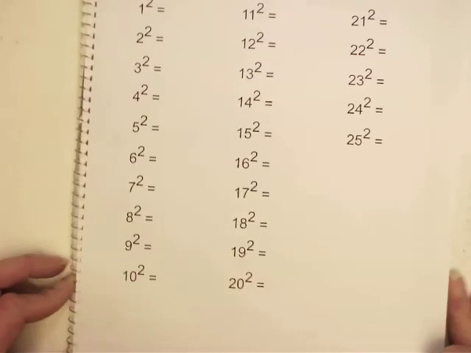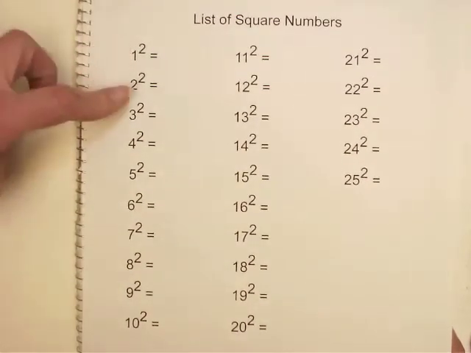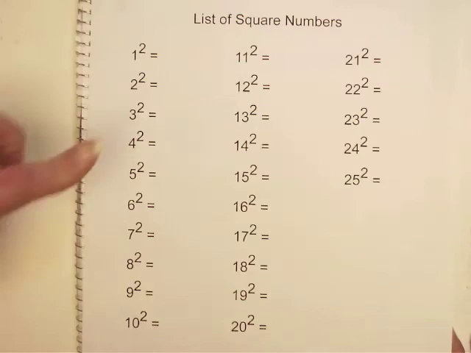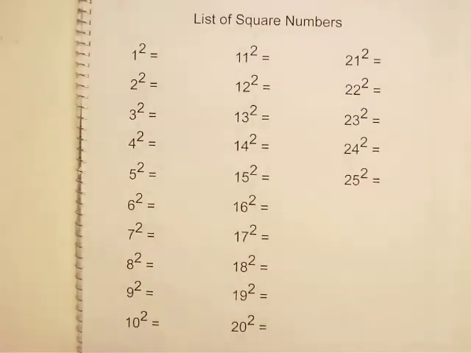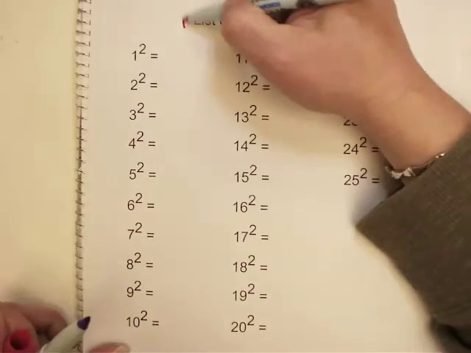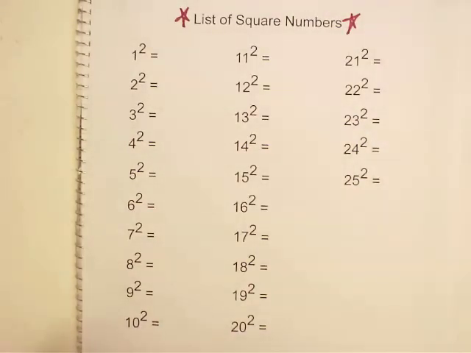This is basically a list of all the square numbers. 1 squared, 2 squared, 3 squared, 4 squared, all the way to 25 squared. Now, I'm going to put a star on this because this is something that will be quizzed on in class. So make sure to make a list in your notebook, and we're going to complete this together right now.